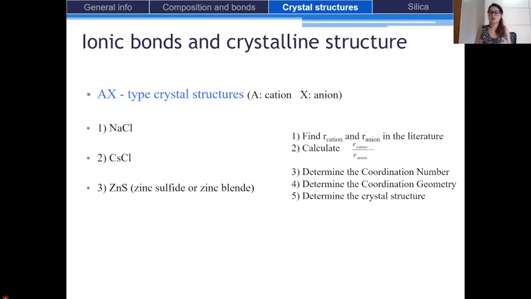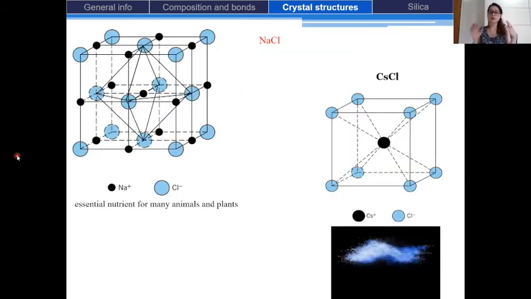Then you will determine the coordination number looking at the table we introduced, then the coordination geometry, and after that, finding the specific geometrical interstices in the unit cell, you will be able to place your cations. And so you will have the crystal structure. If you do so, you will see that for sodium chloride, you will have such a kind of unit structure.